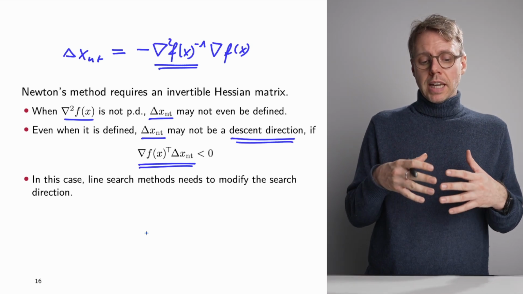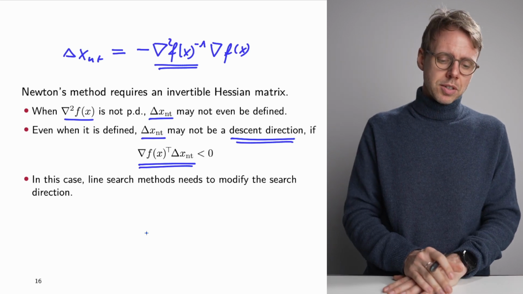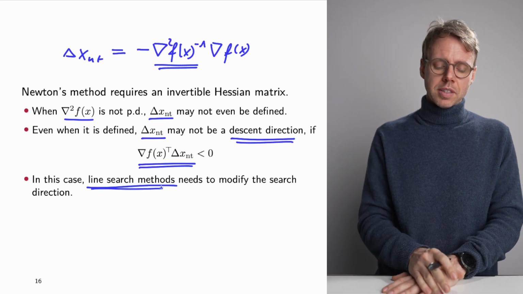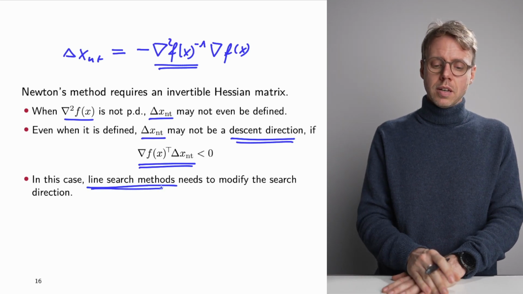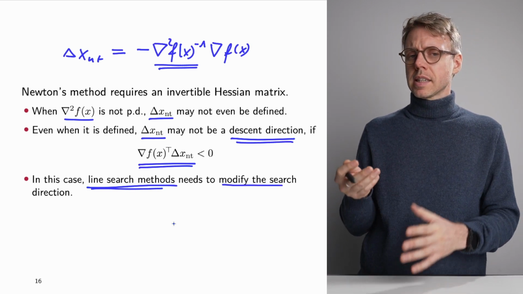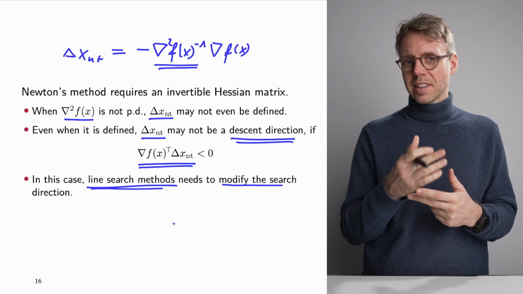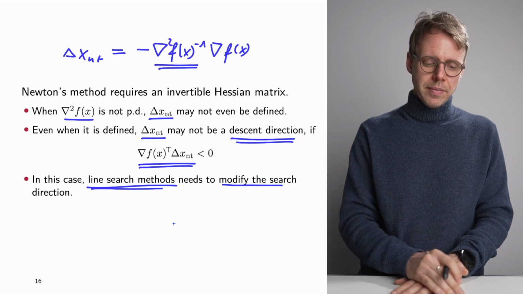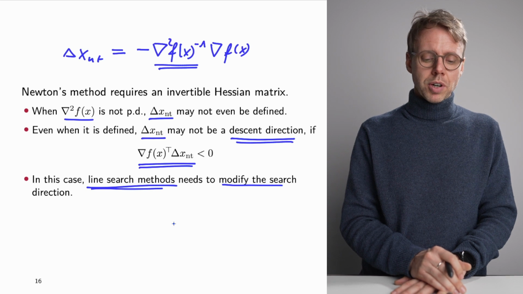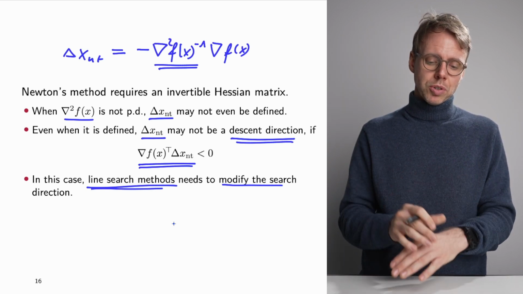In that case, we can still run Newton's method, but we have to be careful, and typically we would use some adjusted line search methods to modify the search direction. So if the line search realizes that the function doesn't even decrease because we are actually going along an ascent direction, then there needs to be a fallback for our search direction. So it doesn't only need to adjust the step size, but also the search direction.